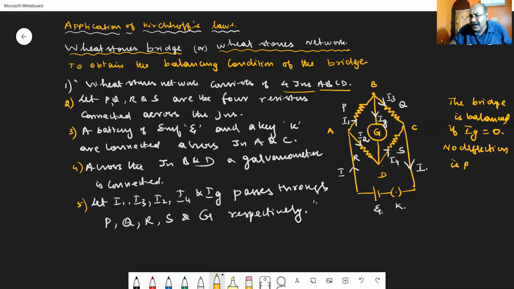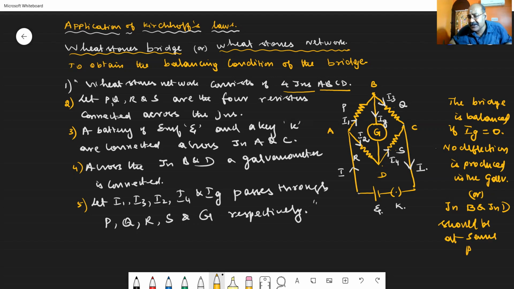If no current is flowing through the galvanometer, it means junction B and junction D should be at the same potential.